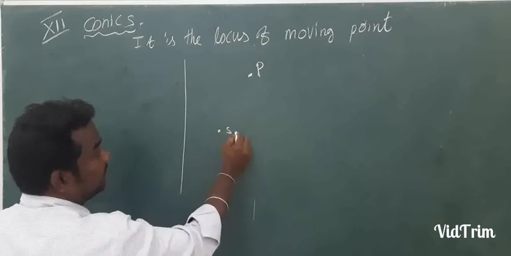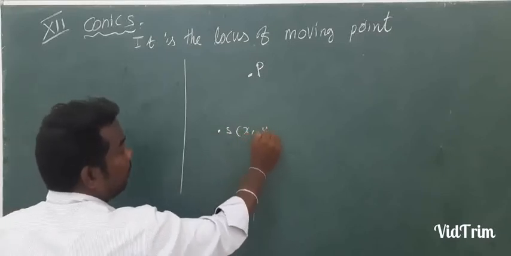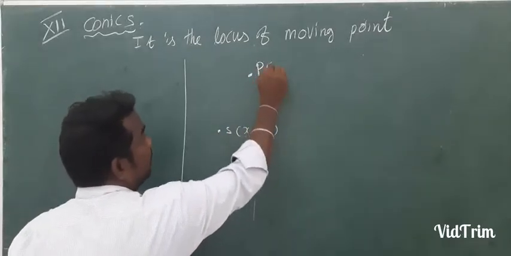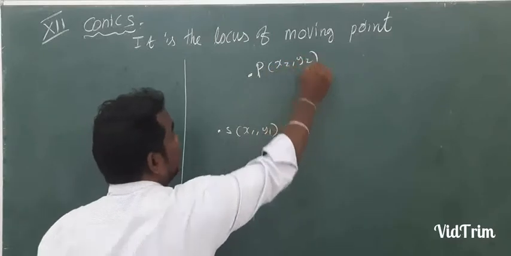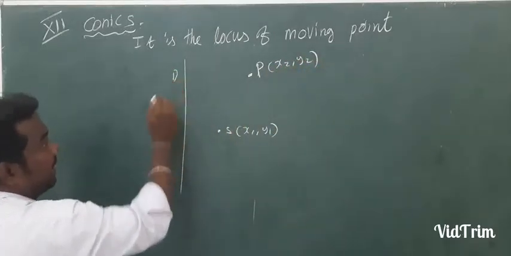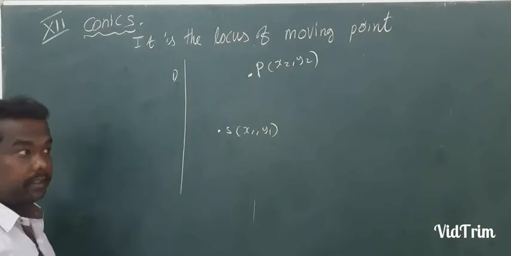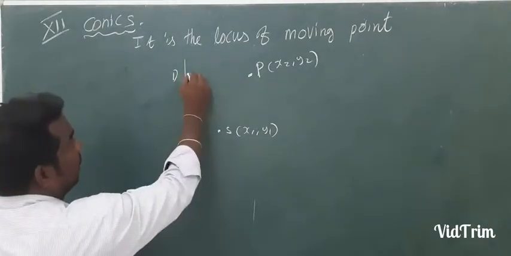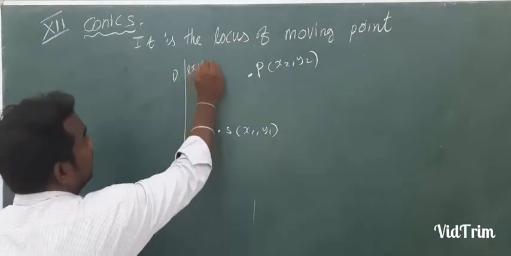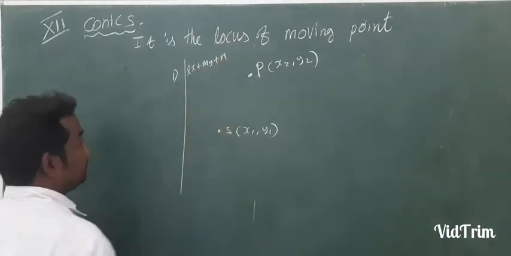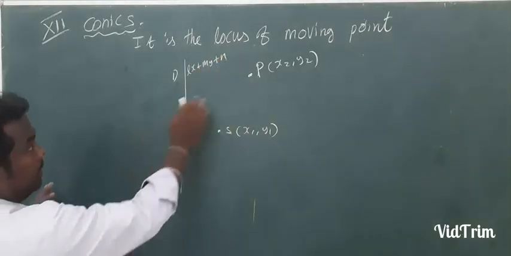The fixed point is S (x1, y1), and P is the moving point (x2, y2). This is the fixed line, called the directrix, D. The line has the equation Lx + My + N = 0.